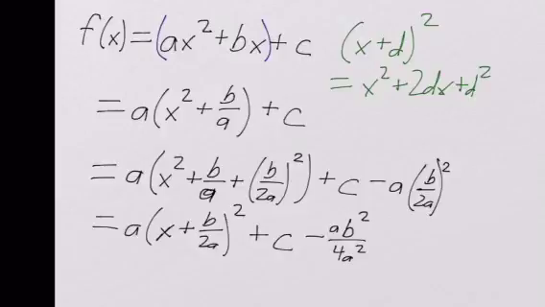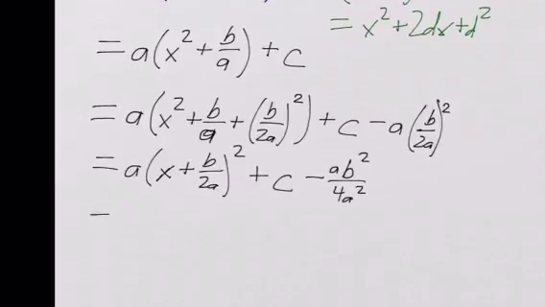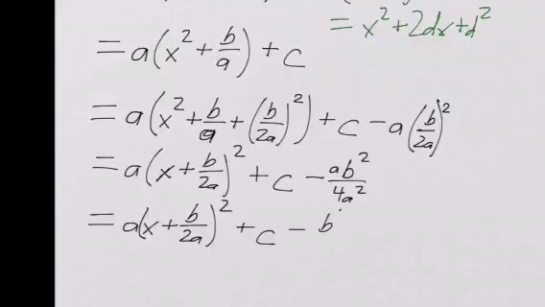But a factor of a is going to cancel out here. So that's going to leave me with a times x plus b over 2a squared plus c minus b squared over 4a.